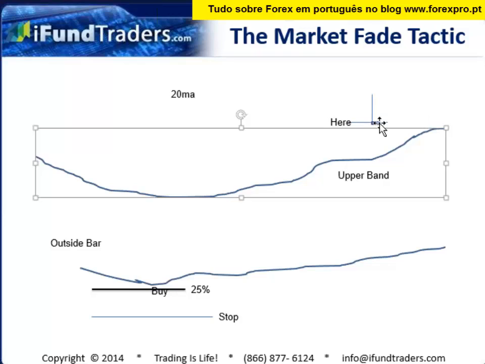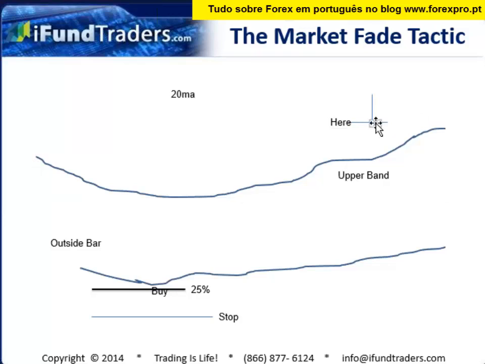Now, if this green was tall enough, then we could use the 25% retracement. But if the green is not that tall, we use the 100% retracement. And it can happen on the same bar, or it can happen the next bar.